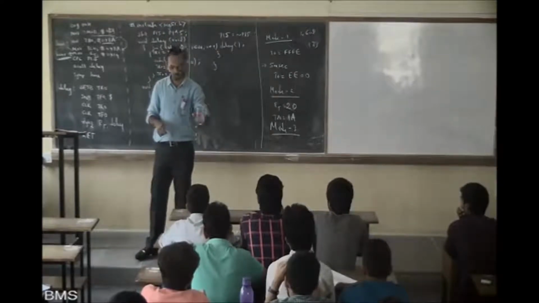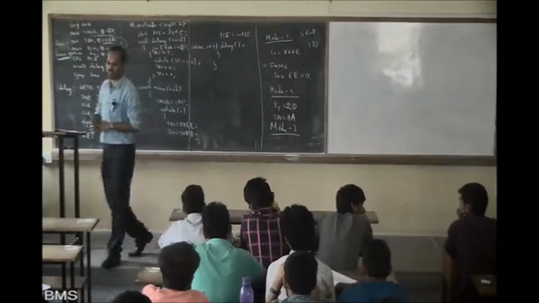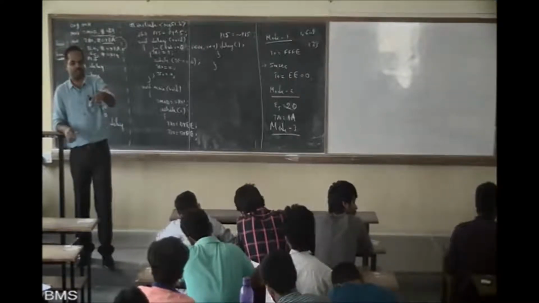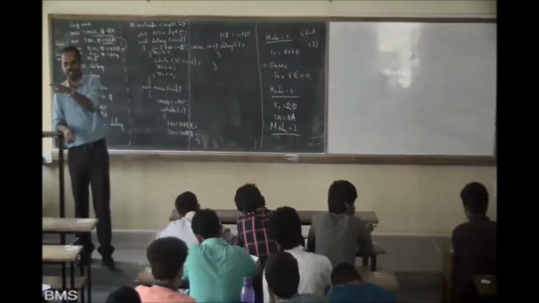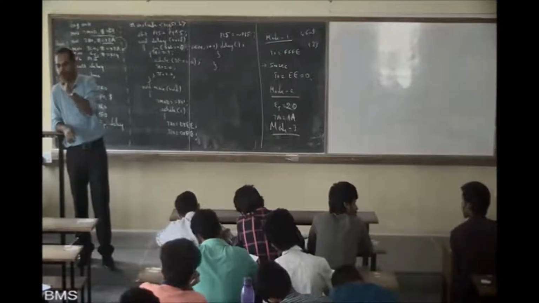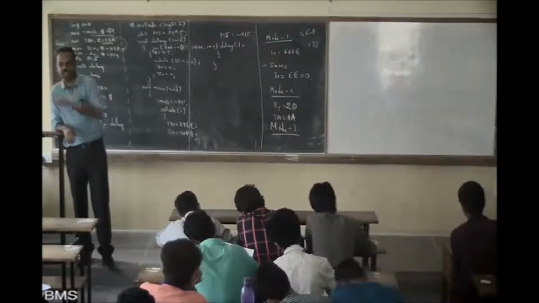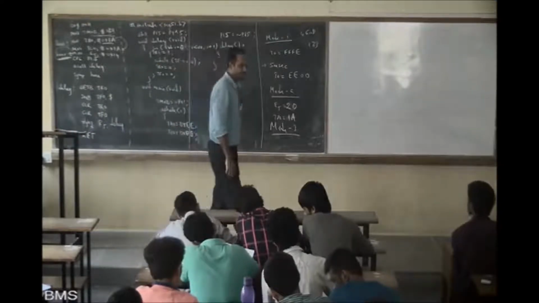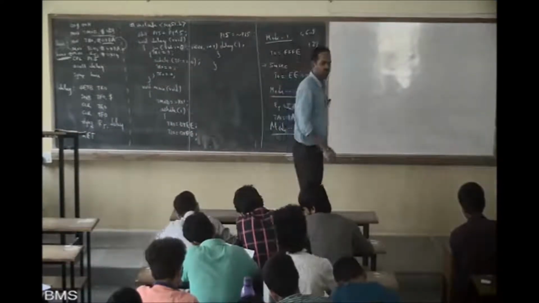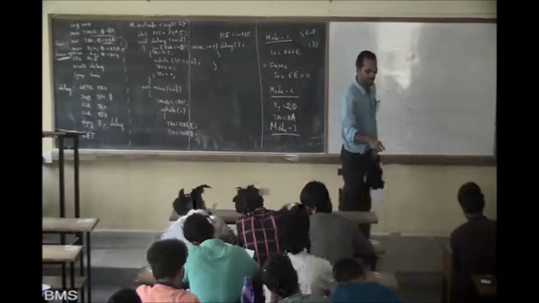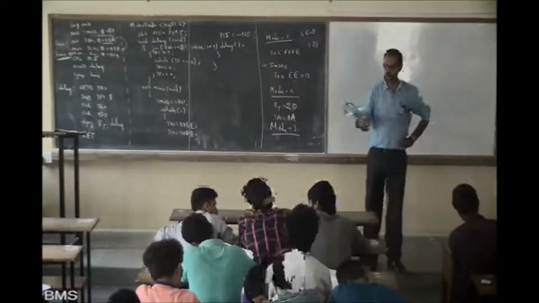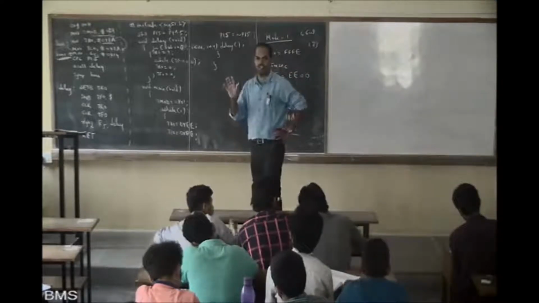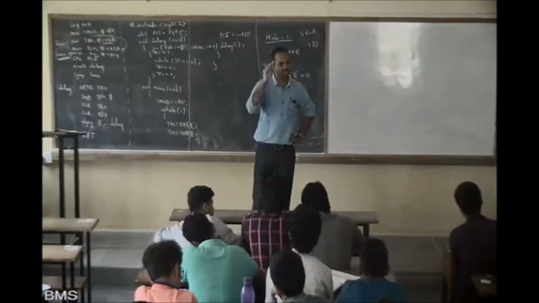T0 refers to TL0, in bracket TR0 comma TF0. Next, T1 refers to TH0, and TF1. Is that clear?